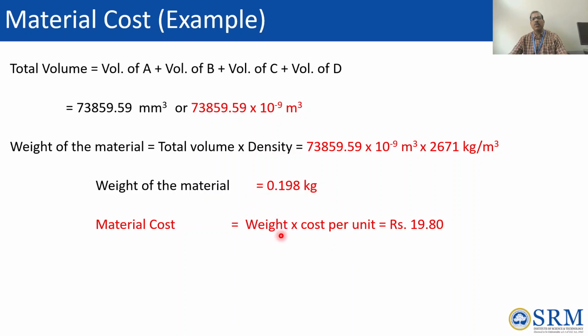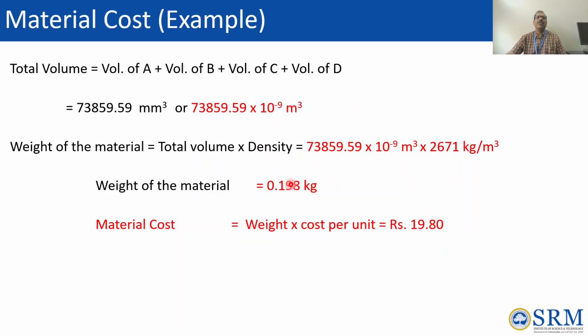Multiplying 0.198 kg by 100, since the cost per kg is given as 100, we get 19.8 rupees as the material cost needed. Here we are discussing only direct material cost, not indirect cost.